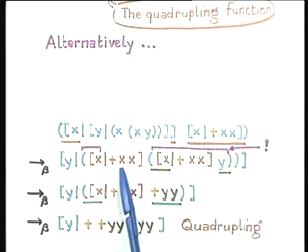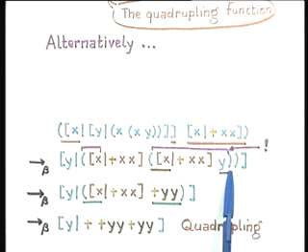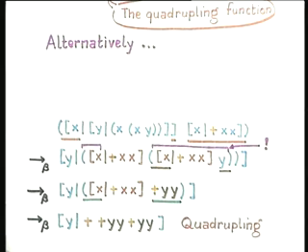So I have the possibility of replacing each of these x's by this entire application, or I am taking an easier way out to avoid confusion, is that I am first doing this application, so I am leaving this term as it is and I get this, a nice neatly simplified term, and then when I perform this beta reduction, I get this, right. So this is the quadrupling function, which is perfectly understandable.